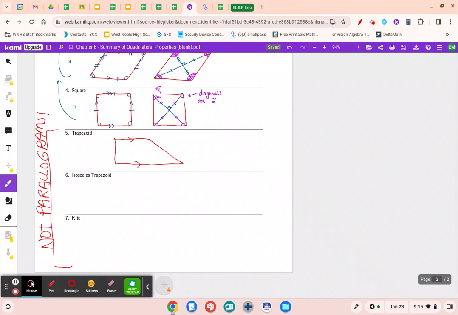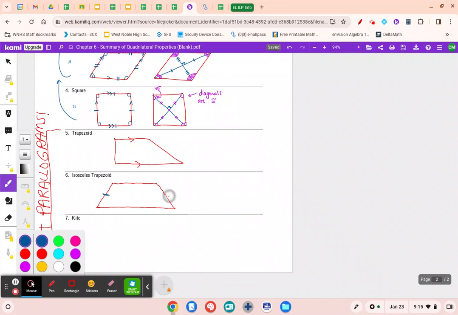Isosceles trapezoids has more going on. In an isosceles trapezoid, you know that the legs are congruent. You know that we have parallel bases. And we know that the base angles are congruent.